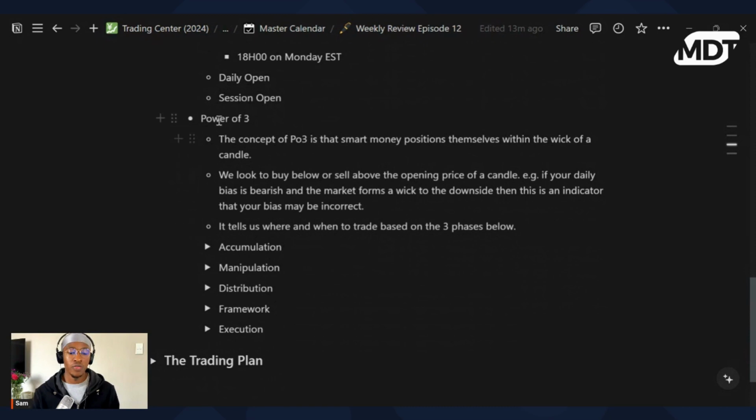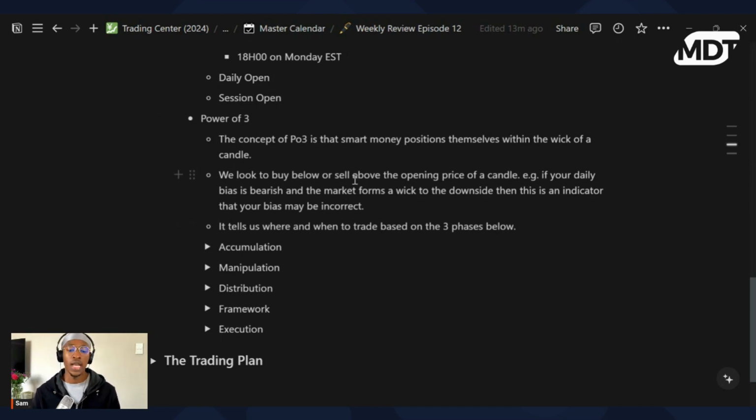And then the power of three. This is accumulation, manipulation, distribution in a nutshell. It's a concept that smart money positions themselves in the wick of the candle, and so that's where we ideally look to take entries. So we look to buy below or sell above the opening price of the candle.